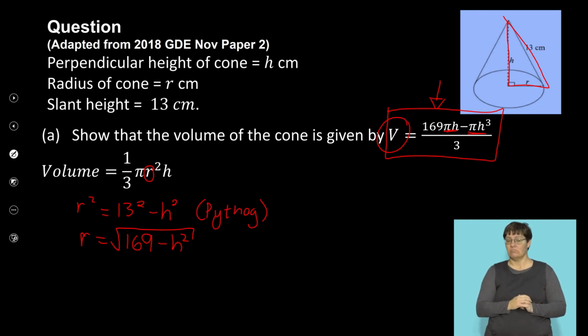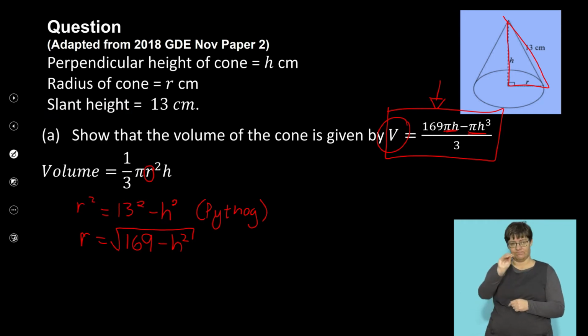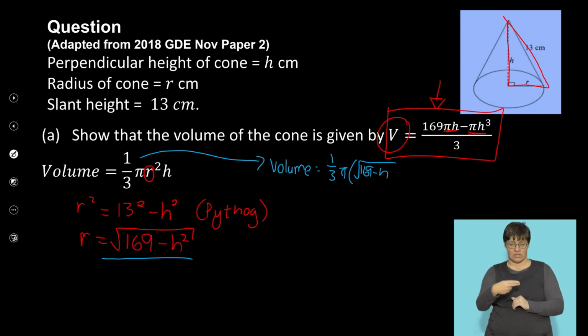So now all that I'm going to do in this case is replace my expression for r into the volume formula. So I'm going to write it over here. The volume will be equal to 1/3 pi times my radius, which I've written as the square root of 169 minus h squared.